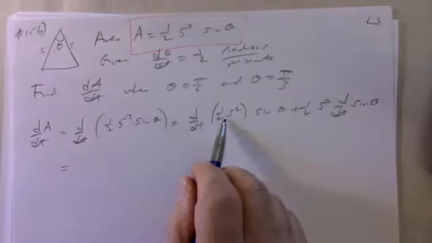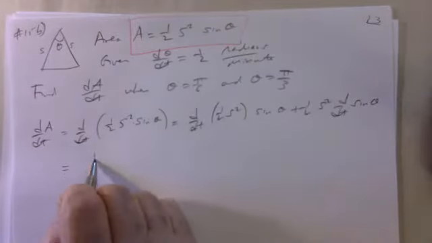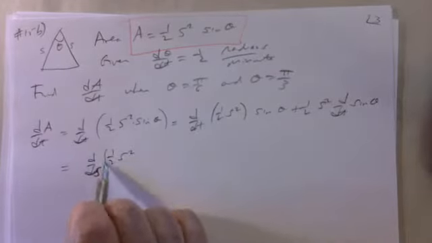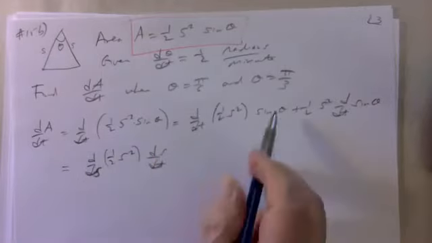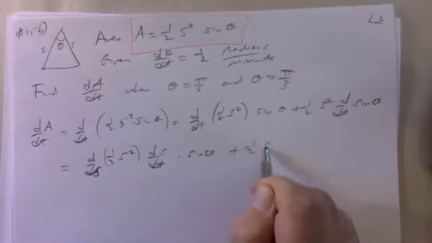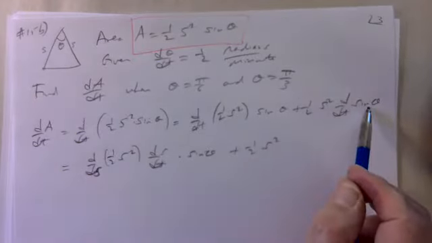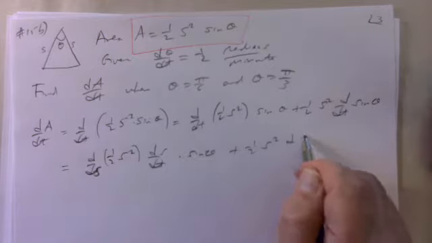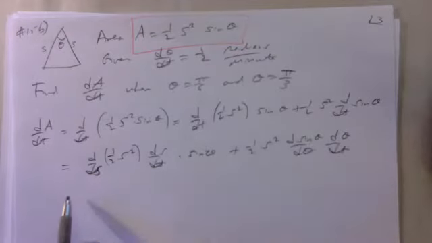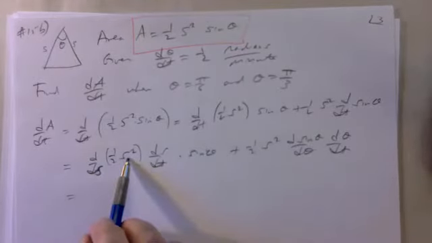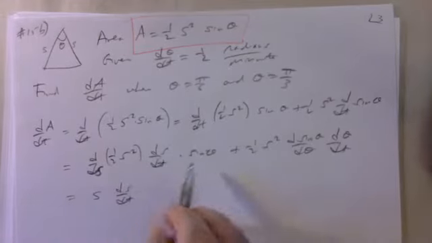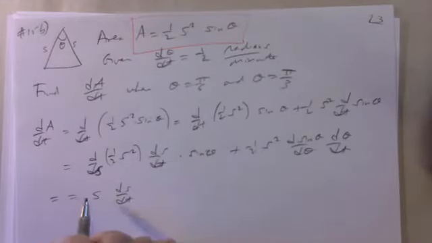This is equal to, what's the derivative of 1/2 S squared with respect to t? That's the derivative with respect to S of 1/2 S squared, times dS/dt, times sine theta, plus 1/2 S squared. What's the derivative of sine theta with respect to t? I'll write that as the derivative of sine theta with respect to theta, d theta/dt. The derivative of S squared is 2S, 1/2 times 2S. This is S, dS/dt, times sine theta.